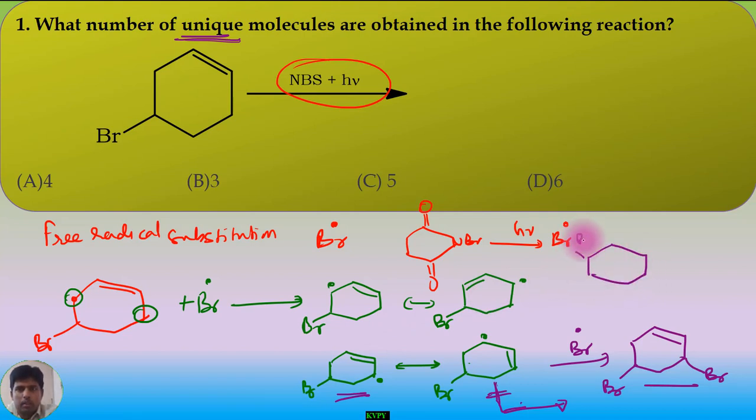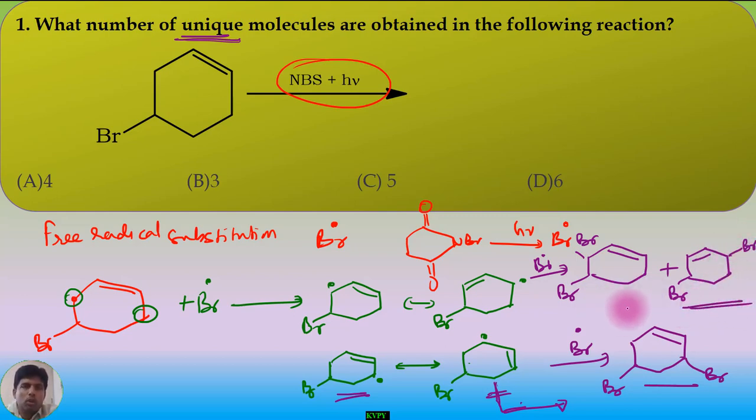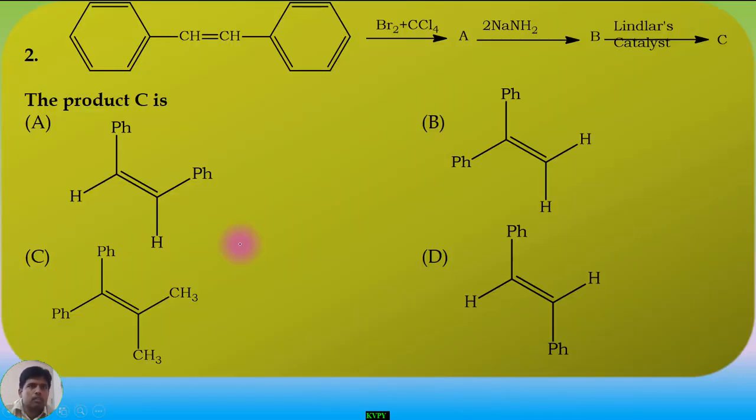So we can get Br double bond, and also so here Br dot, both will give two different type of molecules. So Br. In this way, there are three unique molecules here. So option B has to be the answer. Let us move on to next one.